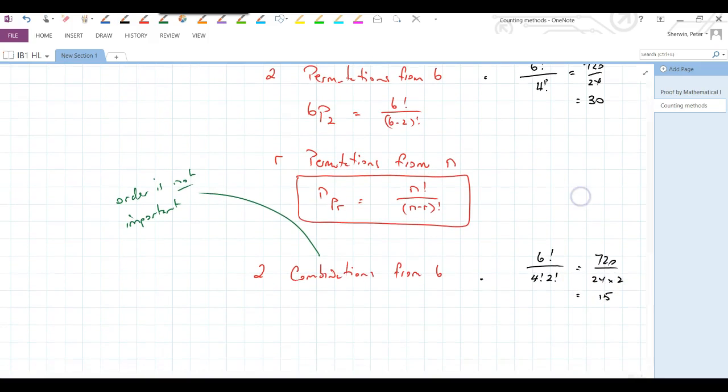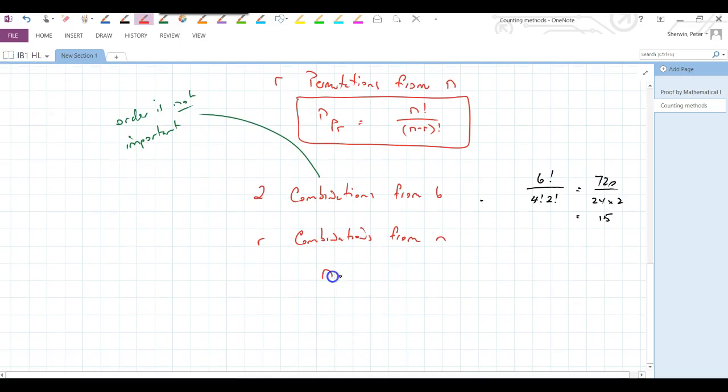And our calculation of R combinations from N is NCR, C for combinations, N factorial over R factorial, N minus R factorial.